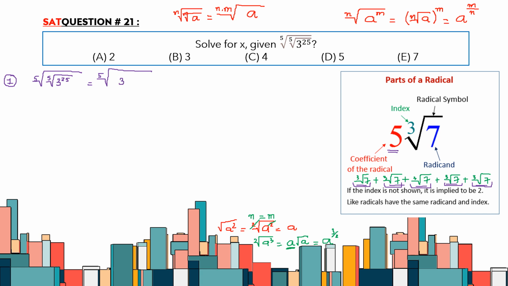We have 3 to the power of 25, then divide by 5, over 5. That's where it comes from. So this one will be fifth root of 3 to the power of 5.